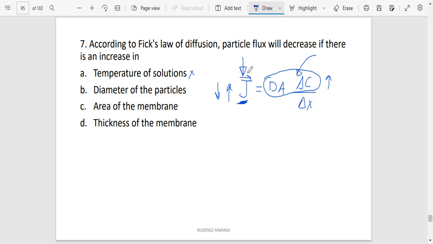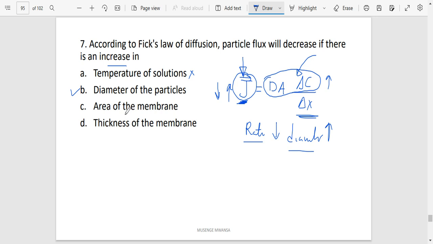Okay, so if I want to decrease this, the rate of diffusion is inversely proportional to the thickness, which is simply diameter, isn't it? So it is inversely proportional. Meaning, if I want to decrease the rate, I need to increase the diameter. So the diameter of the particles must what?